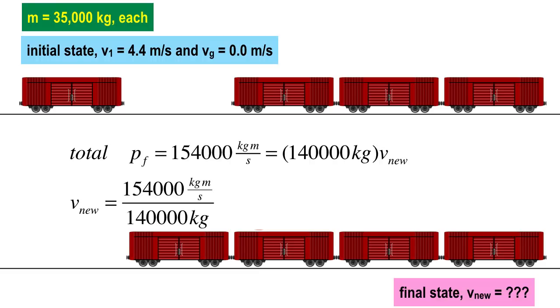Notice that kilograms top and bottom cancel, but I'm left with meters per second leftovers. I can't cancel those, but that's all right, because I want to have a velocity, a speed of some kind. And you calculate that out. Anybody verify me? 1.1? Yeah, good.